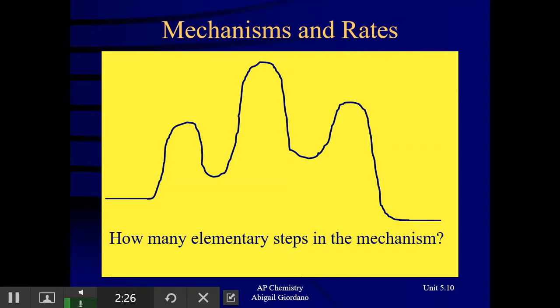So this is a poorly drawn energy profile. We've seen energy profiles before, but we were looking at them with just one hump. We were looking at reactions that occur in just one step. But as we said, many reactions occur in multiple elementary steps.